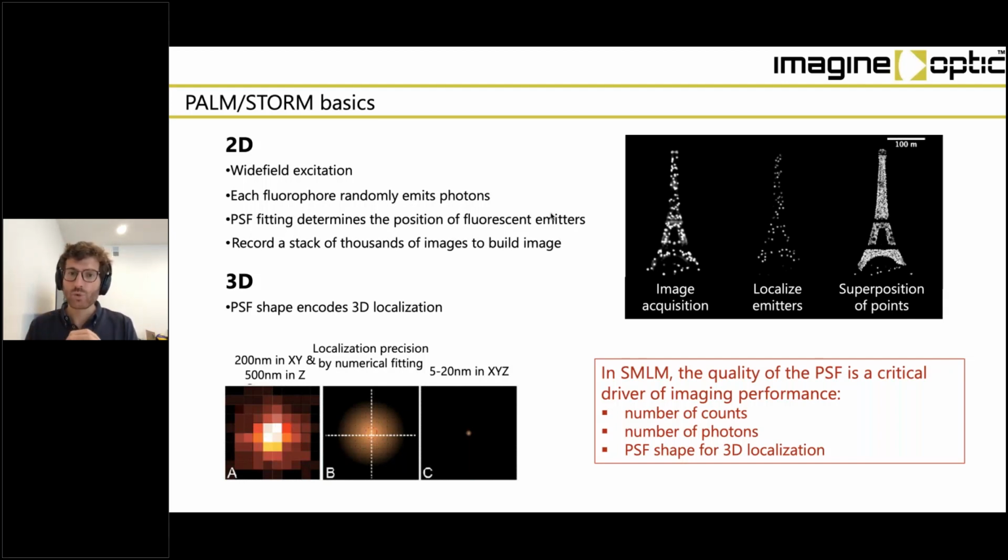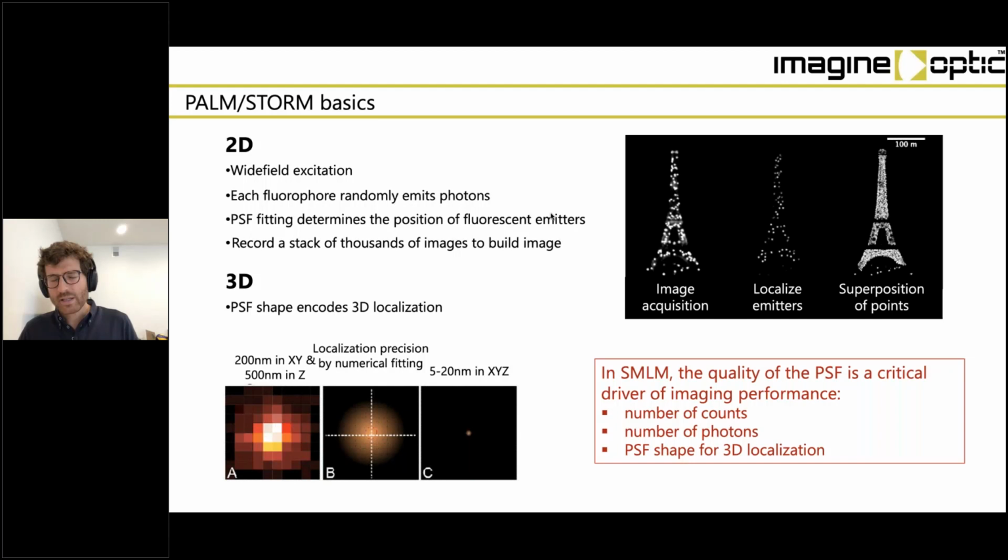We will fit it to localize the center of this blink, of this localization, and this is how we localize it with a certain localization accuracy. And with thousands of images, we sum up everything, and then at the end we can reconstruct our final image.